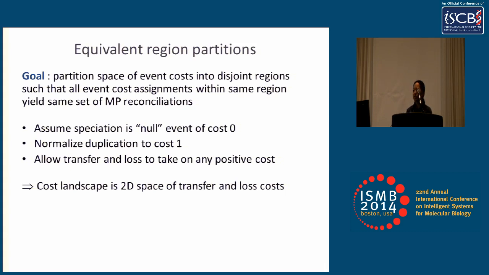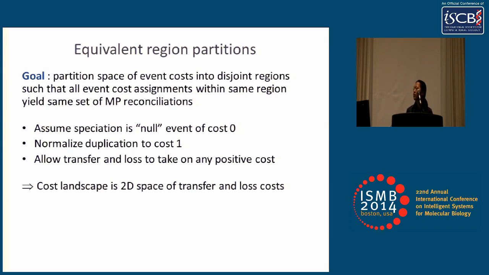So now that we have this DP algorithm, what we're going to consider is, let's assume we have this event cost space, and what we want to do is actually partition it into disjoint regions, such that all event cost assignments within the same region induce the same set of NP reconciliations, so the same set of optimal solutions. Again, I'm going to assume that speciation is a null event of cost 0, and I'm just going to normalize duplication to cost 1, so that's without loss of generality.